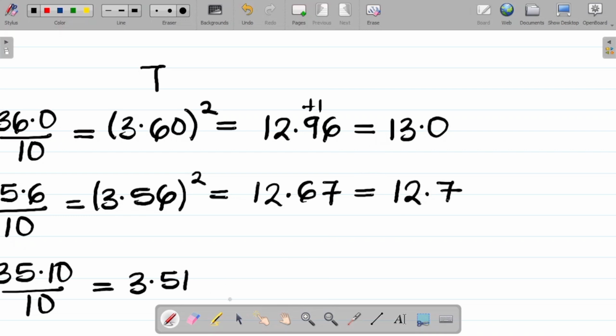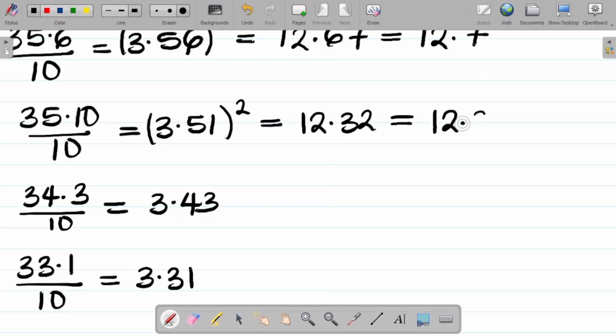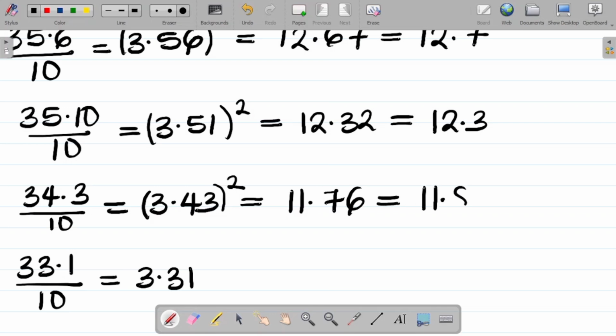Next up I have 3.51 squared, that gives me 12.32, which in one decimal place is 12.3. Also, I have 3.43. 3.43 squared gives you 11.76. Approximate this to one decimal place, you have 11.8.